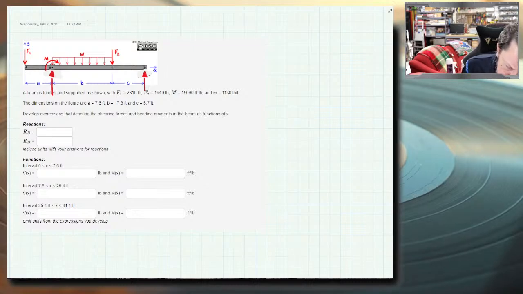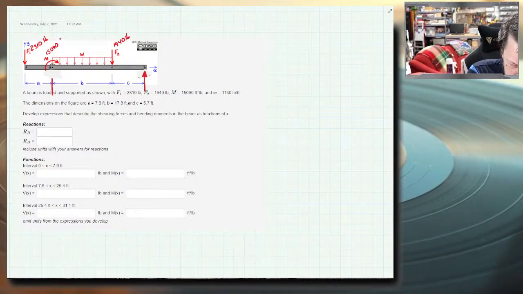All right, so let's put some things in here. 2310 for F1. F2 is 1940. M is, wow, it's a big number, 15090. These units were pounds on these forces and foot-pounds on the concentrated moment.